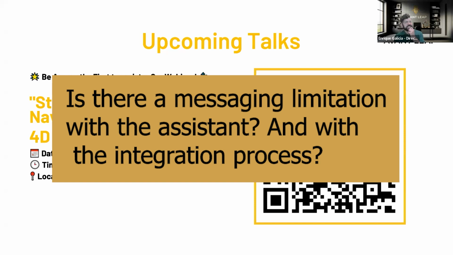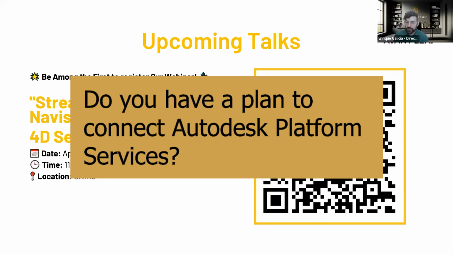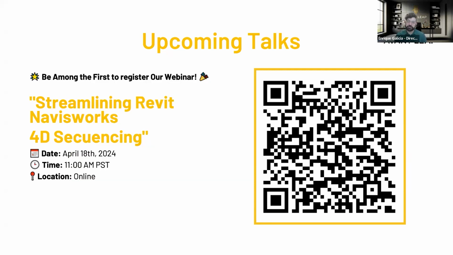I would say it is always recommended to have a pre-process when you're sending a message so that the message already knows just the things it needs to know, and then it goes to be processed by the language model. So when it connects to other platform services, it will depend on how you're getting the data or which data you're getting. The Autodesk data exchange protocol might also improve on that. I hope that answers the question, Shafak.